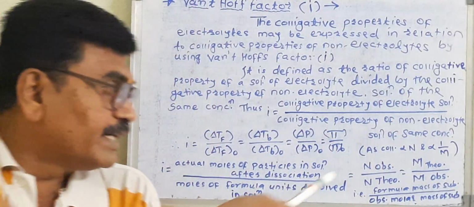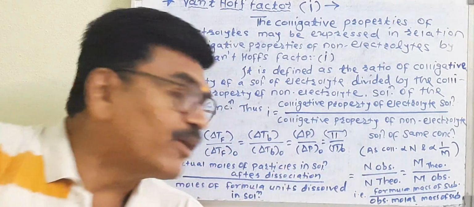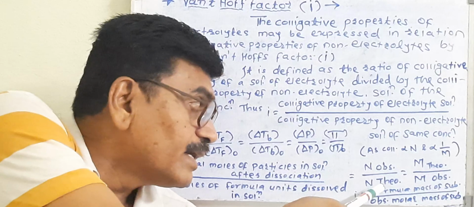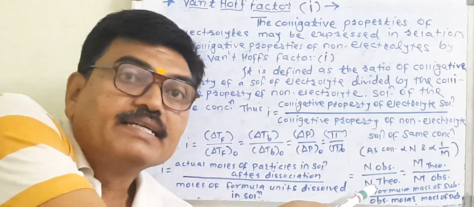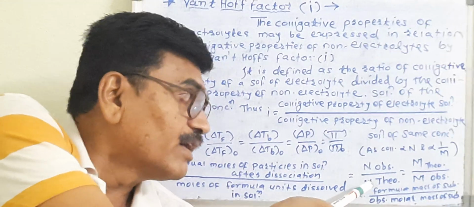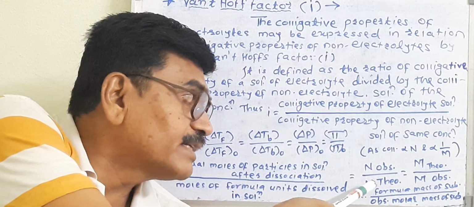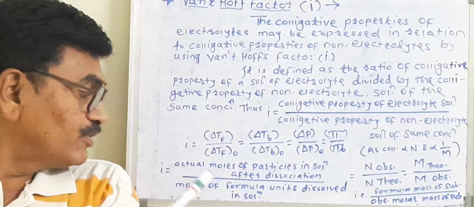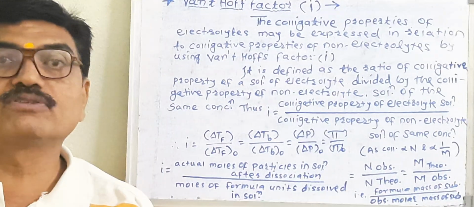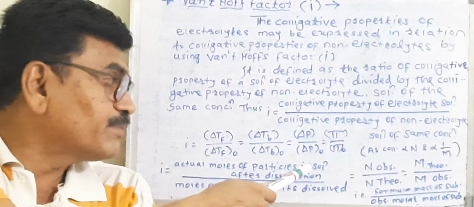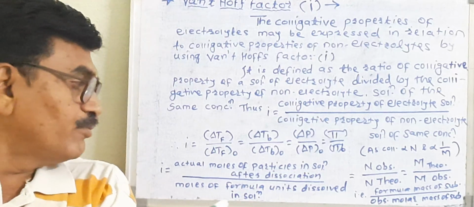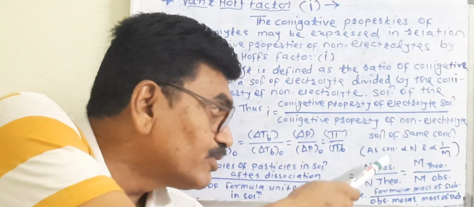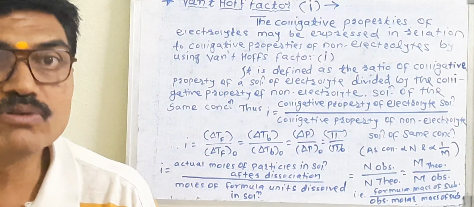So i is equal to n observed upon n theoretical, the theoretical particles before the experiment. This also gives the Van't Hoff factor: the actual number of moles of particles present in the solution and the moles of formula units dissolved in the solution. In this way, n observed upon n theoretical is the Van't Hoff factor.